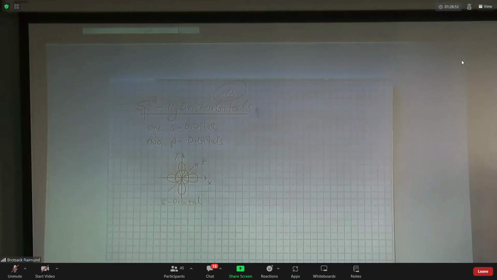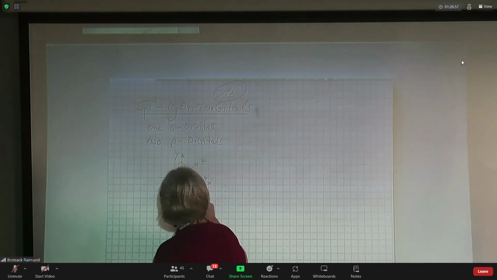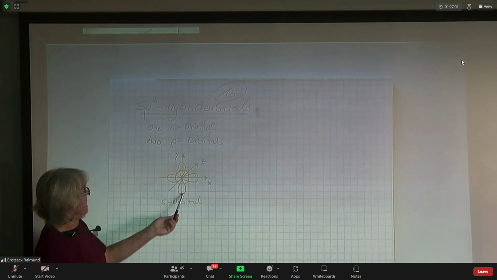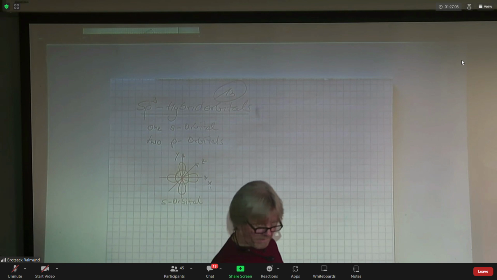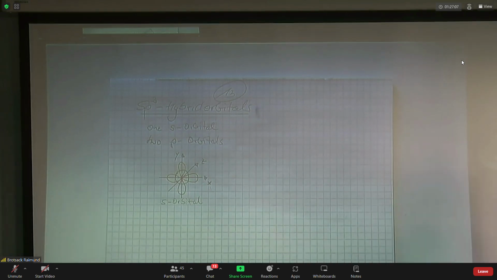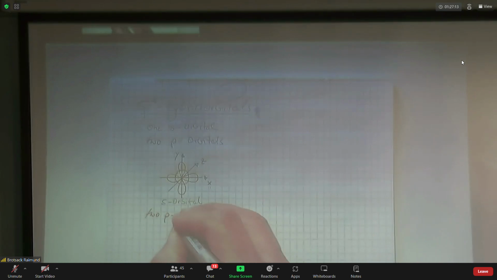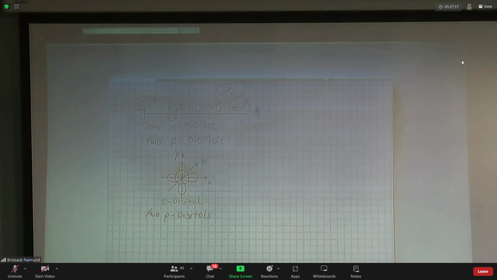When we just look at carbon, we have 2 electrons in the 2s orbital, and we have 1 electron each in the px and py. These are the 2 p orbitals. And we show it on the example px and py.